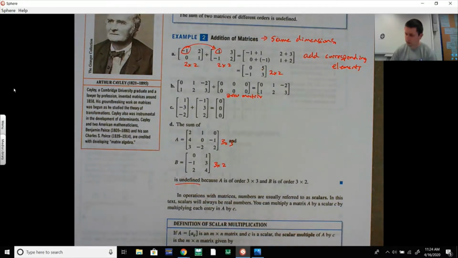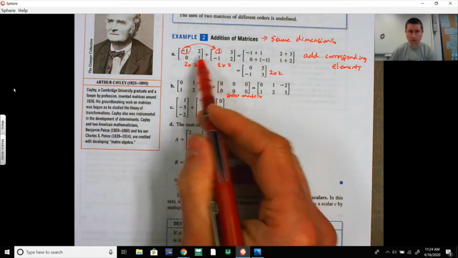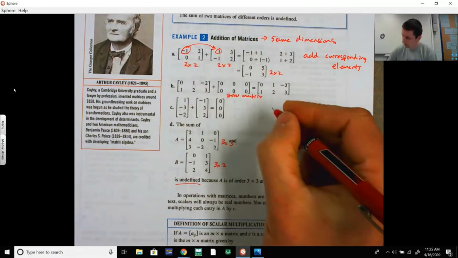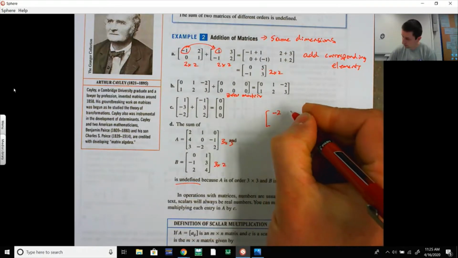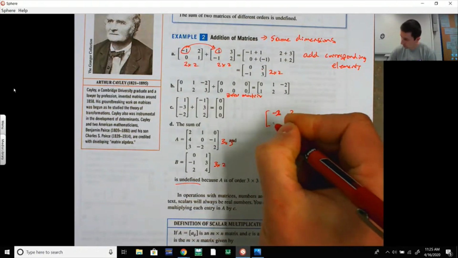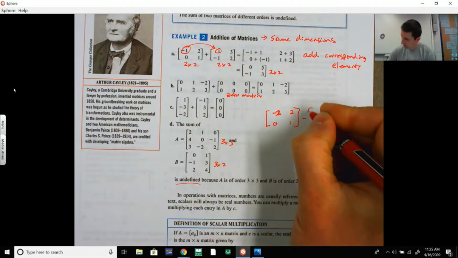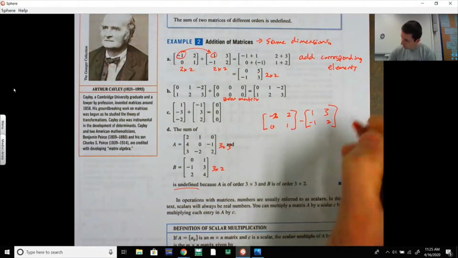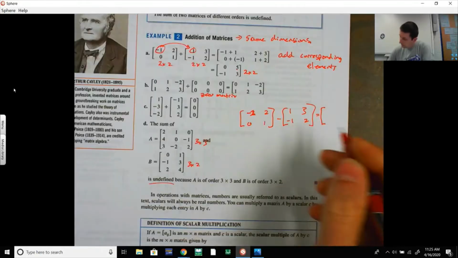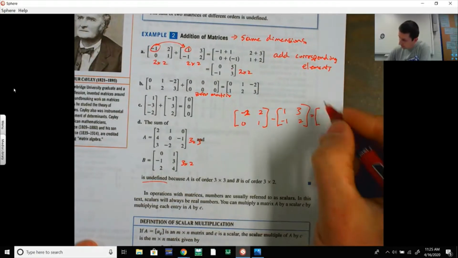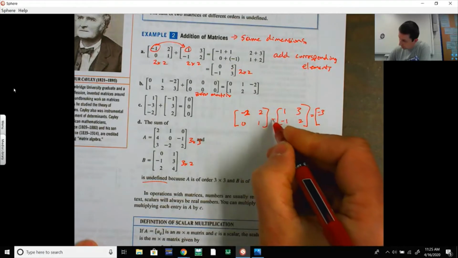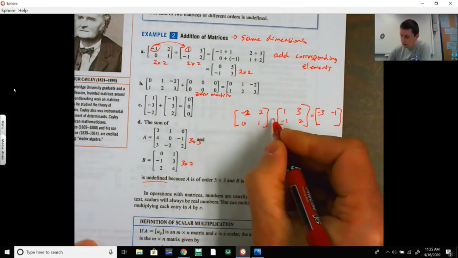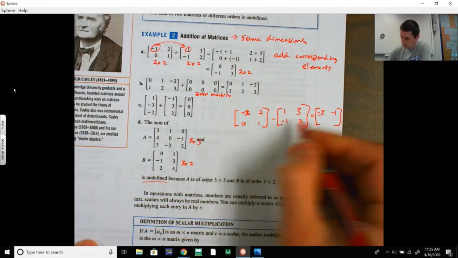So the same thing goes with subtraction. If you're subtracting, you just subtract the elements. Just be careful if there's a minus sign. So if I go -1, -1, 2, 0, minus 1, 3, -1, 2, that would equal -2 minus 1, that equals -3. 2 minus 3 is -1. 0 minus a -1, well, that would be a +1.